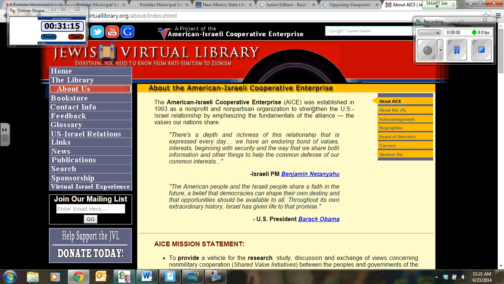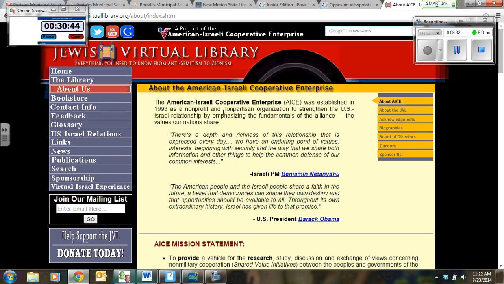Okay, so it tells us that this is a nonprofit, nonpartisan site. What does that mean? What's nonprofit mean? Okay, the purpose of their site is not to make money. What does nonpartisan mean? What do you think? Partisan? It means that it is not aligned with a political party.